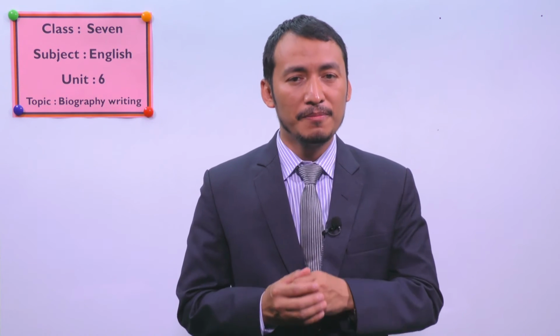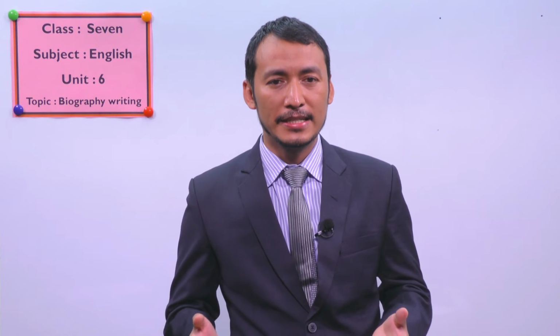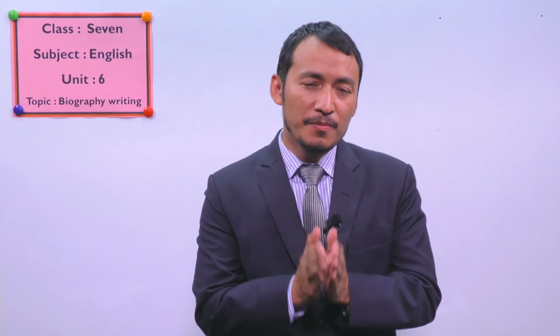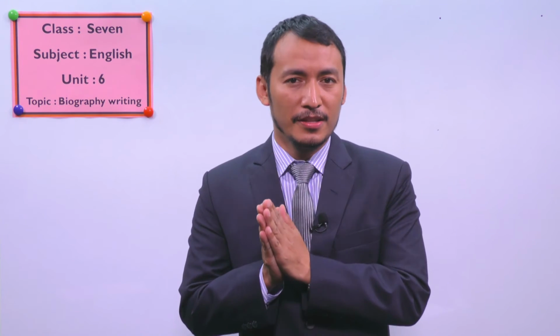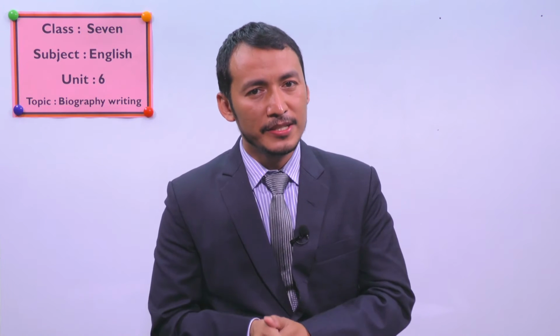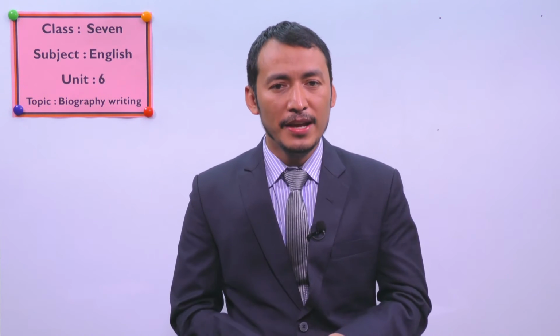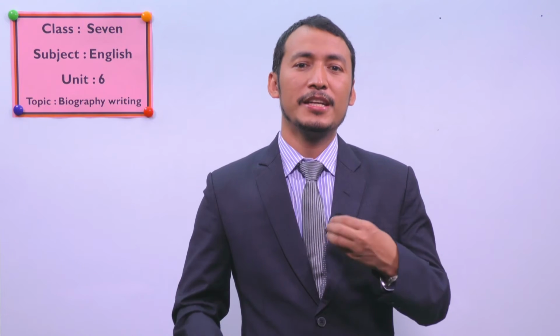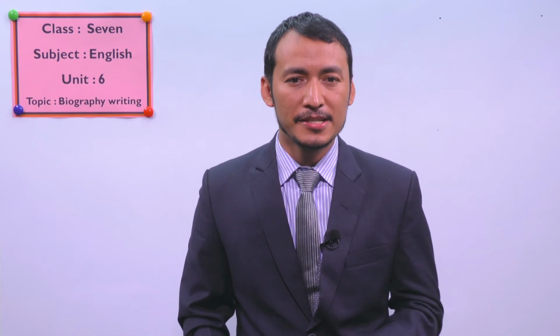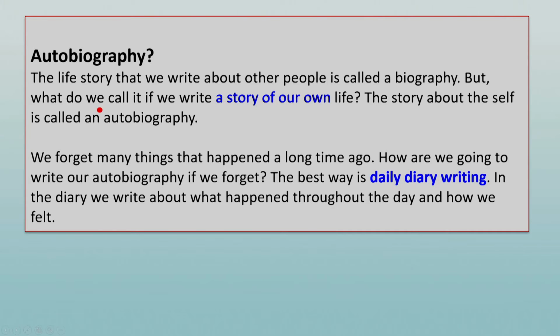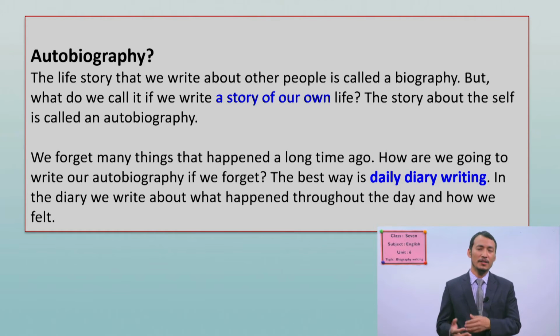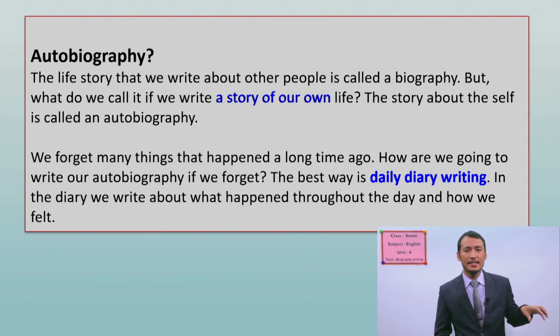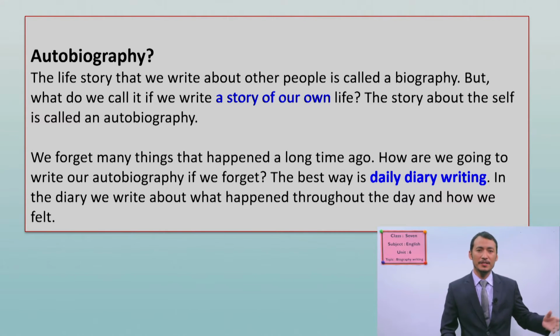So it depends on the person who writes it. Autobiography means text written by someone themselves, self-written text about themselves. And biography is when others write about someone else, for example, a successful person, right, students?